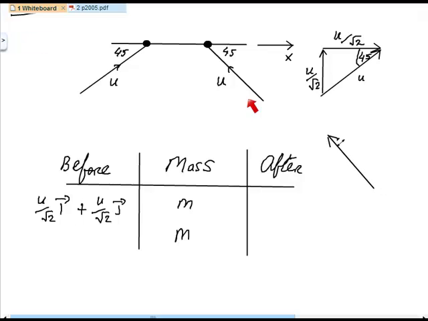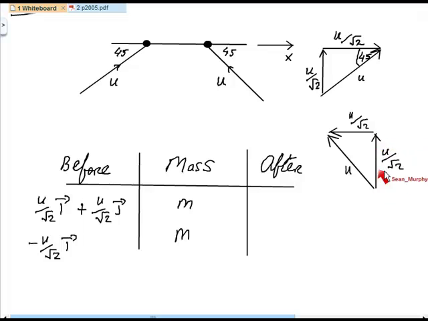Let's click the resolve down here. These arrows are very important to show the direction. So it's u in that direction, and this is u over root 2, and u over root 2 again. But if you look at this arrow, watch this carefully, this arrow is going in the minus x direction, or the minus i direction. So that's a minus u over root 2 in the i direction. And it's still plus in the j direction, however. This is plus, so it's plus u over root 2 j.